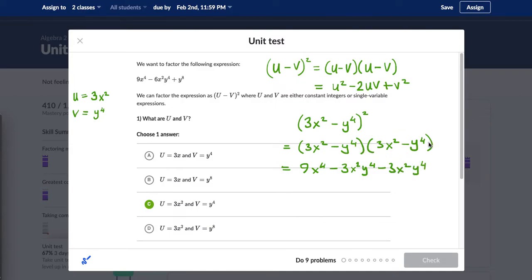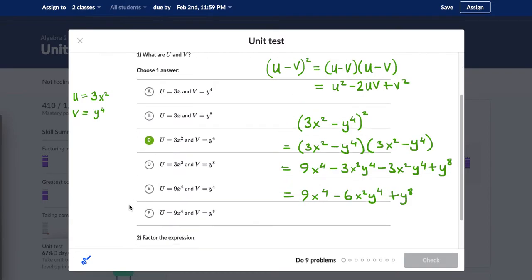Then negative y to the fourth times negative y to the fourth is positive y to the eighth power, since we're adding the exponents there. We combine like terms in the middle, and we get 9x to the fourth minus 6x squared y to the fourth plus y to the eighth. So we can see how we can use this u minus v method to factor this.